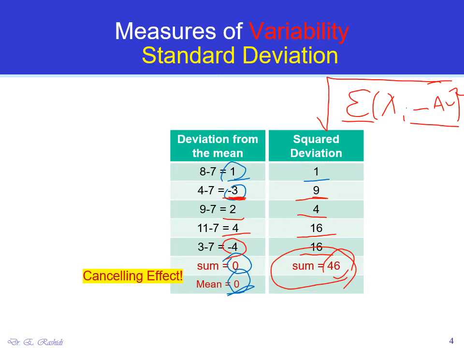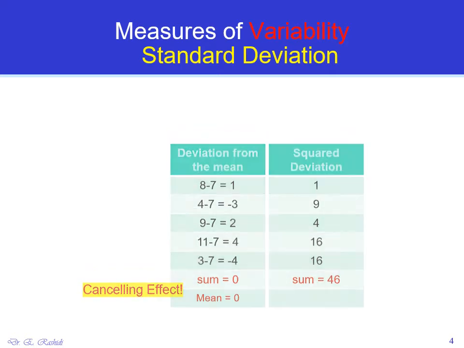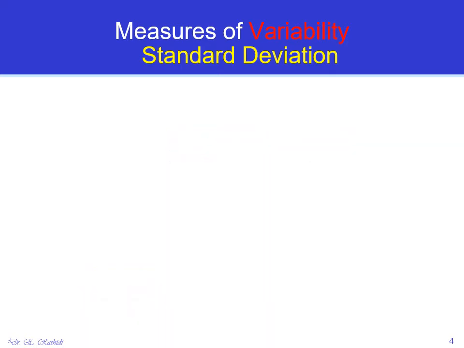So let's actually look at this in real application. Let me get rid of these lines first. When we want to apply this in real life, there are two ways to do this for two different sets of data. Suppose that we are working with sample data. Let's see what would be the formula for a standard deviation for sample data.